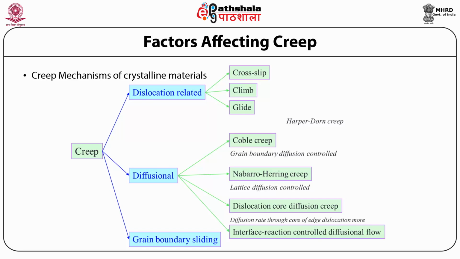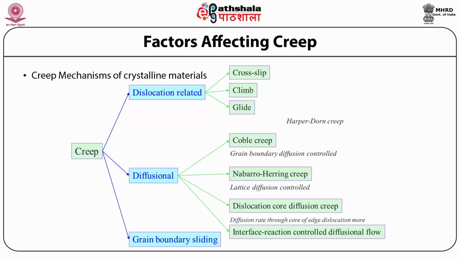Now the dislocation related creep is further divided into three parts. The dislocation can be cross-slip type, climb type, and glide type. This is the Harper-Dorn creep. Then the diffusional one is again divided into four parts. First one is called Coble creep, which is grain boundary diffusion controlled.